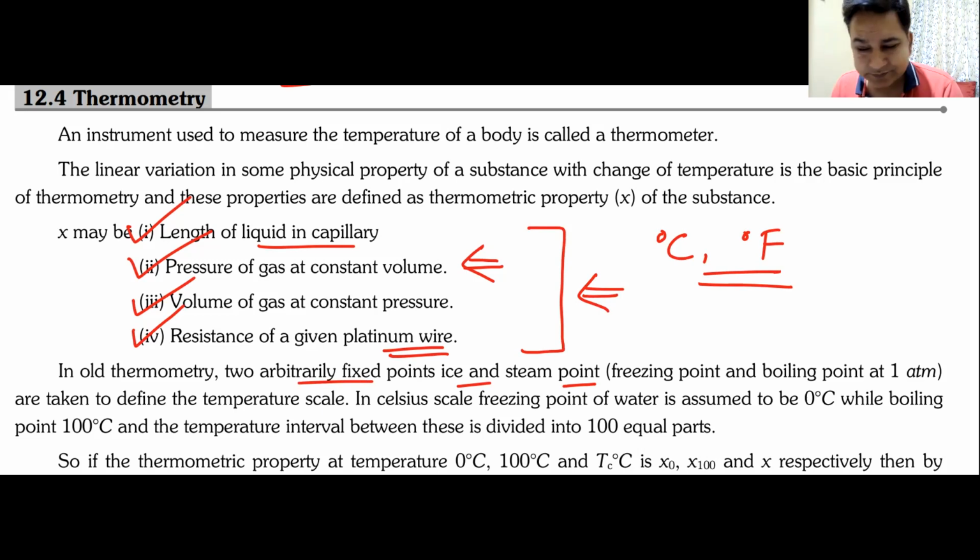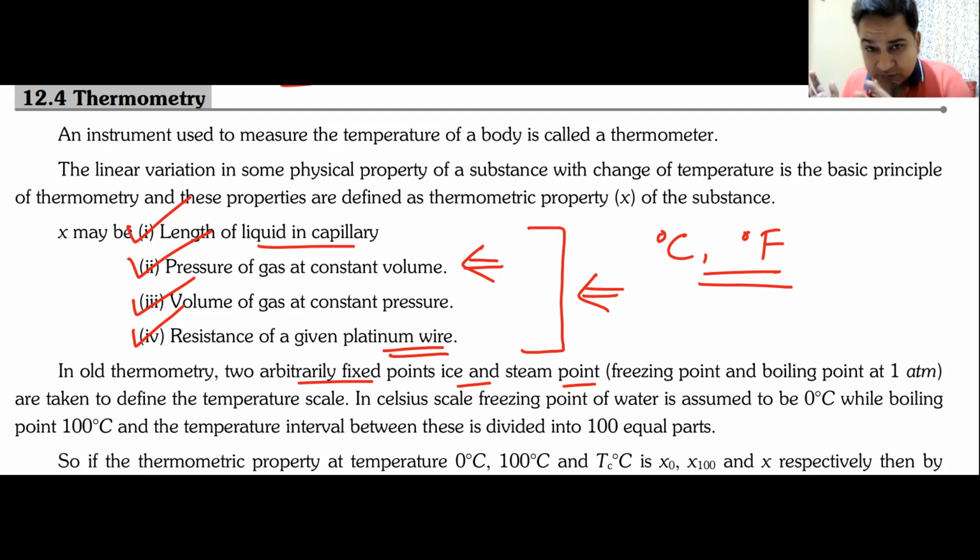What is a single point? It also has 2 points, but they are not the melting and boiling points. What are those 2 fixed points on the Kelvin scale? Any idea? Okay, not to worry, we will do it.